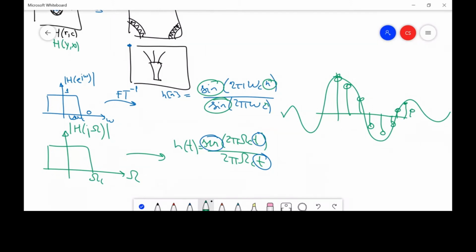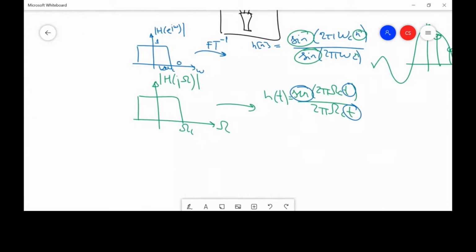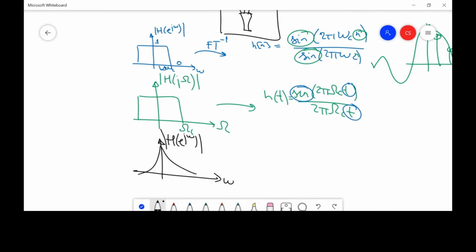You can define any function that has a high value at the origin but a low value at high frequency. This is omega, this is h of omega, and this is also a low-pass filter that decays as 1 over omega squared, for instance, or 1 over omega, or whatever function you like.